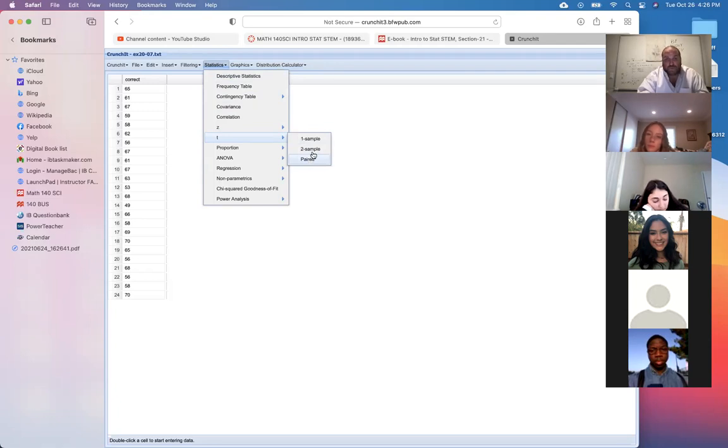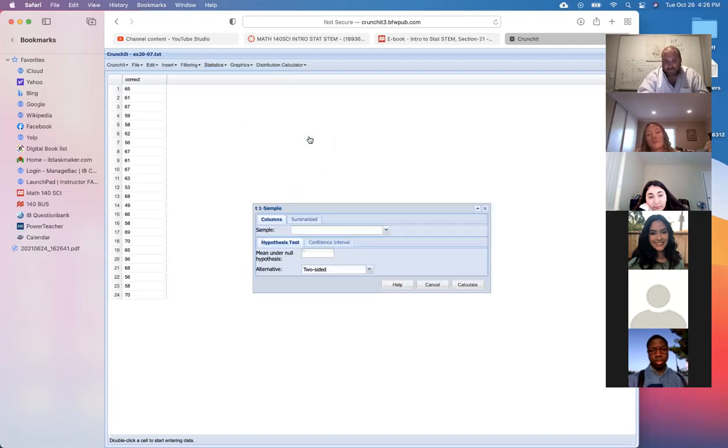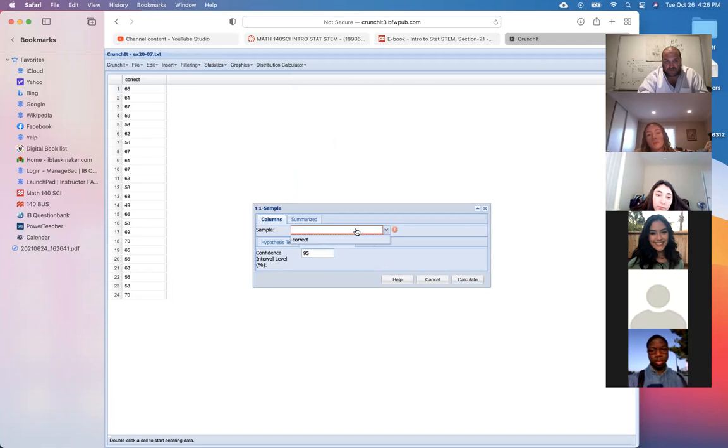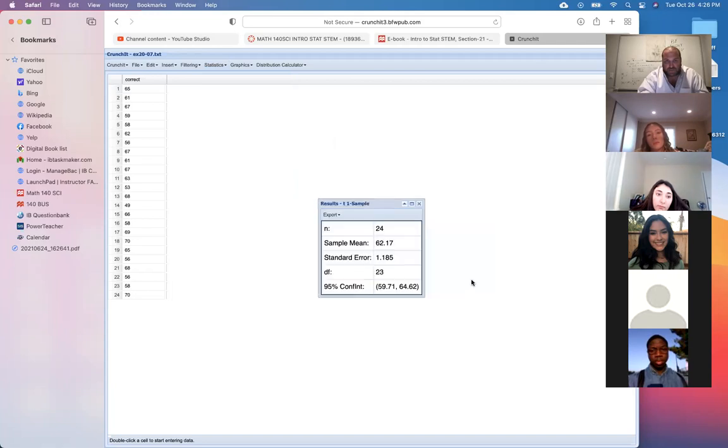Spoiler alert, we haven't learned any of those yet, which means it should be a one sample, plus it's just one sample. Then we're going to do a confidence interval, and they wanted a 95% confidence interval. And if we calculate it, there is the confidence interval.